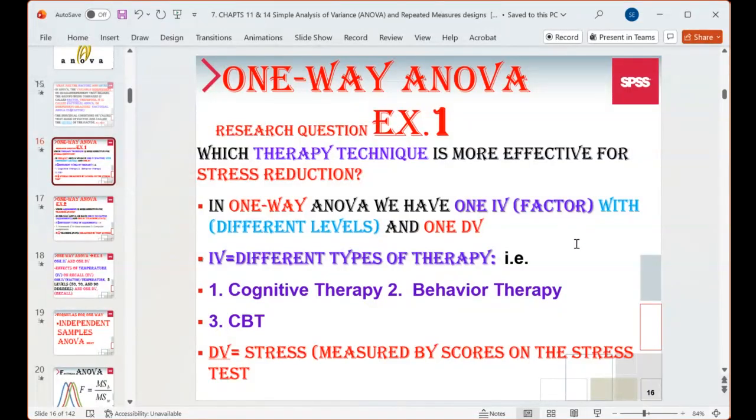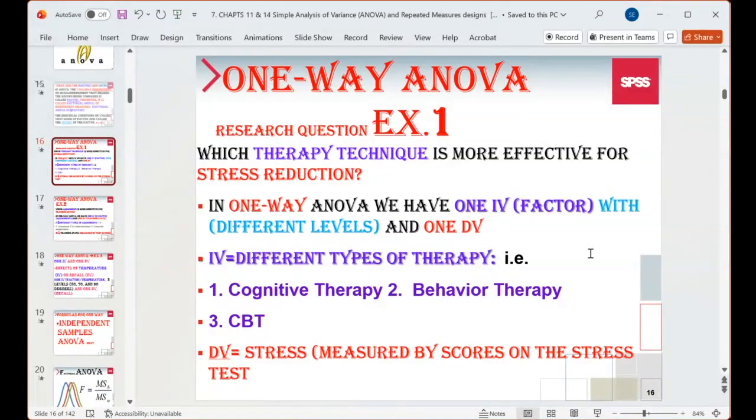Like for example, this here you can see which therapy technique is more effective for stress reduction. So, okay, what is IV? What is DV? As you can see, I color code them for you so you can easily distinguish.